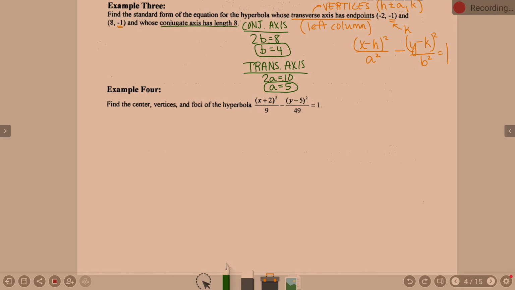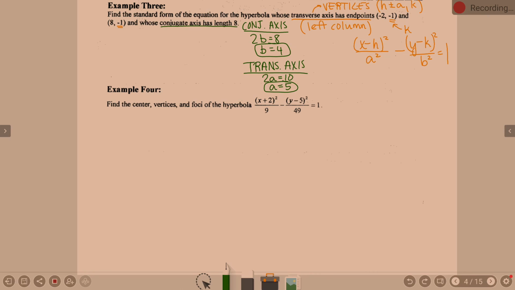Because here's the deal. 5 is my a value, yes? From my center, we count 5 out to one vertex and 5 out to the other vertex, right? And so if my vertices are at -2 and at 8, what is 5 in from -2 or 8? 3.